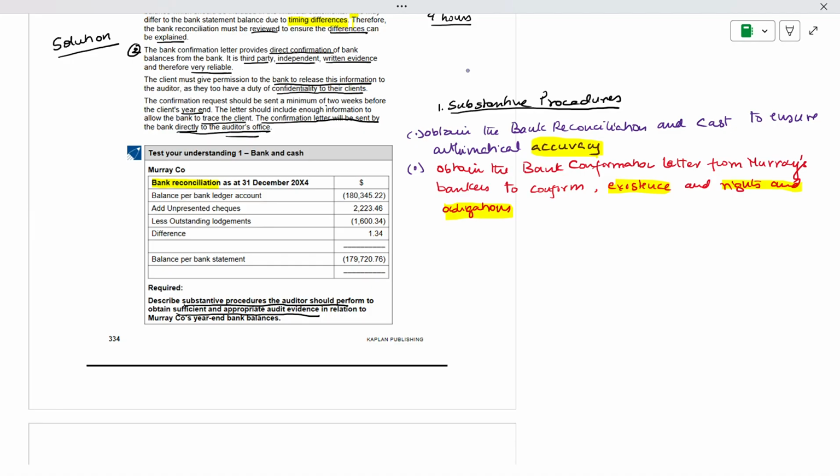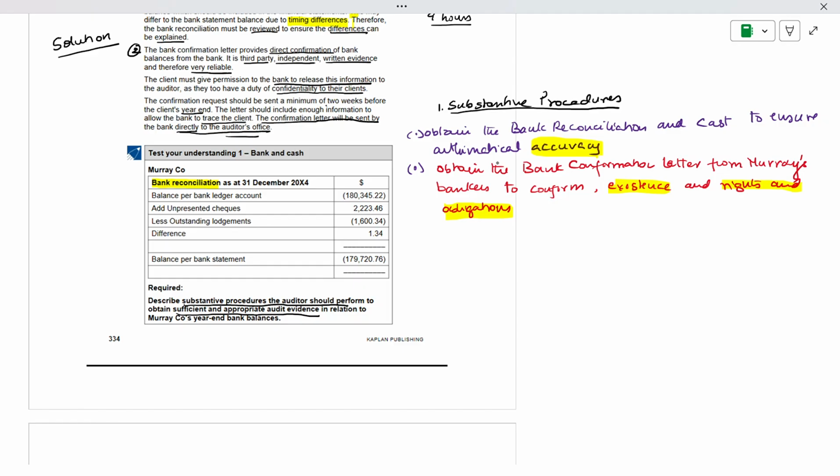Now, what will you do next? Once you have the bank reconciliation and the confirmation letter, now what will you do? You will use internal resources.